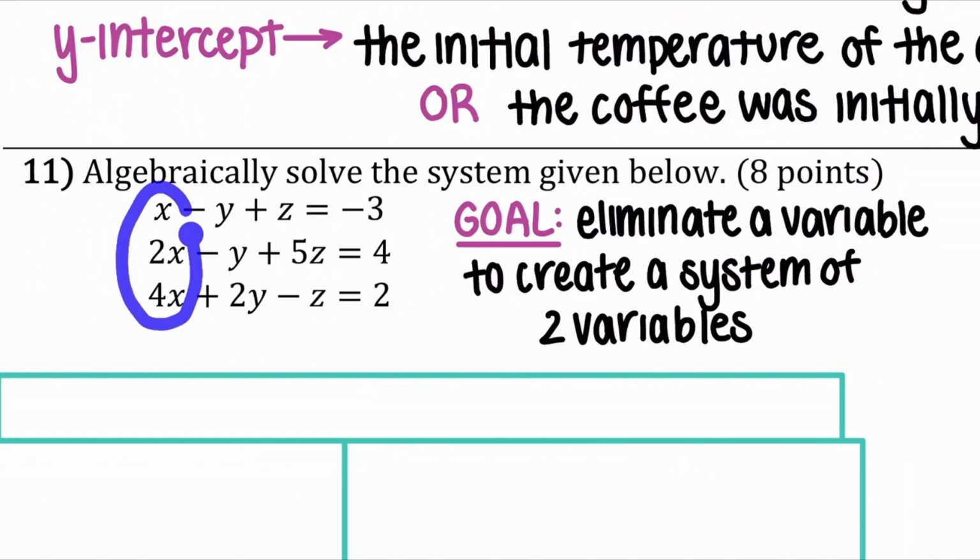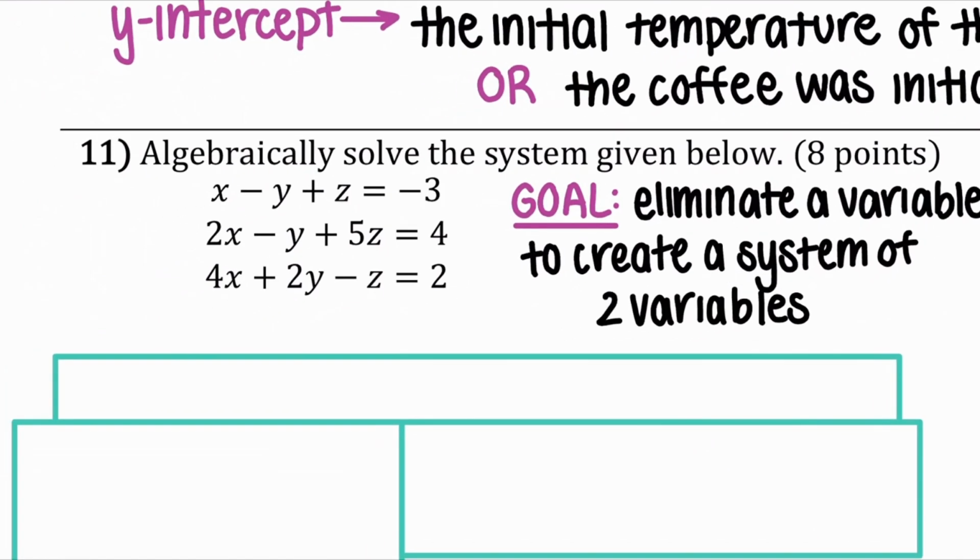So let's analyze the coefficients of x, y, and z and see which one might be better for us. So we have x's, okay, and then we have our y's, and then we have our z's. So once again, the variable in which we choose to eliminate doesn't matter as long as the arithmetic and the algebraic manipulation is fine.